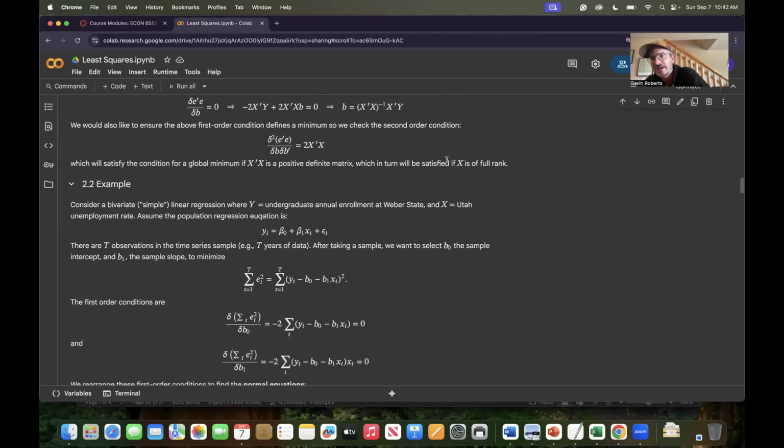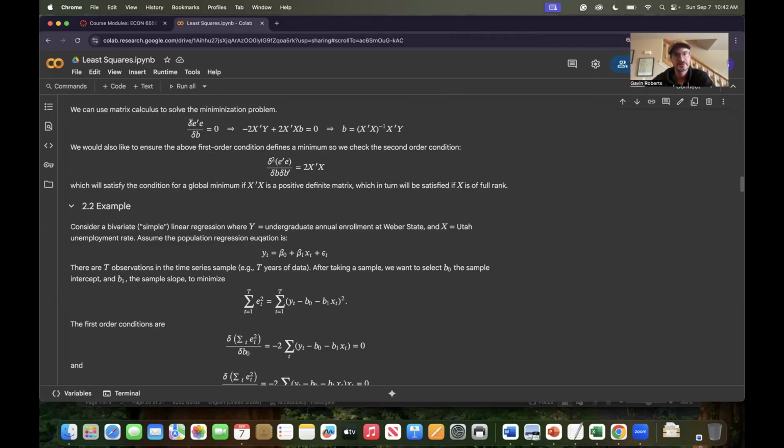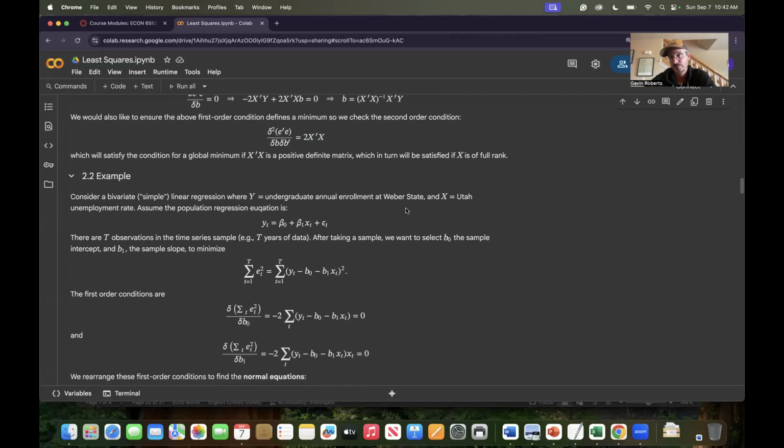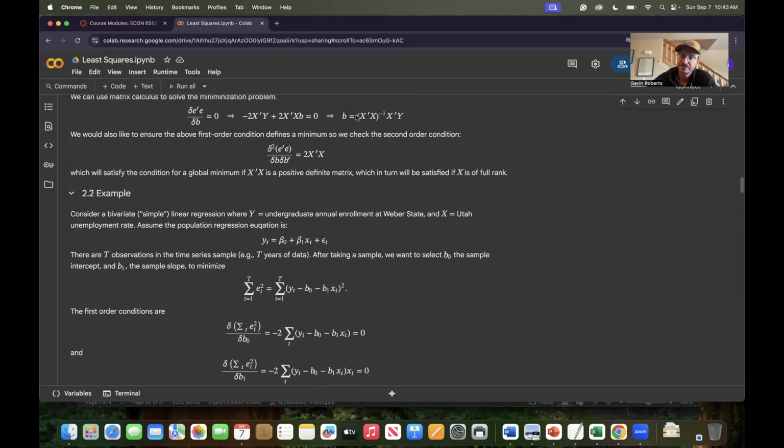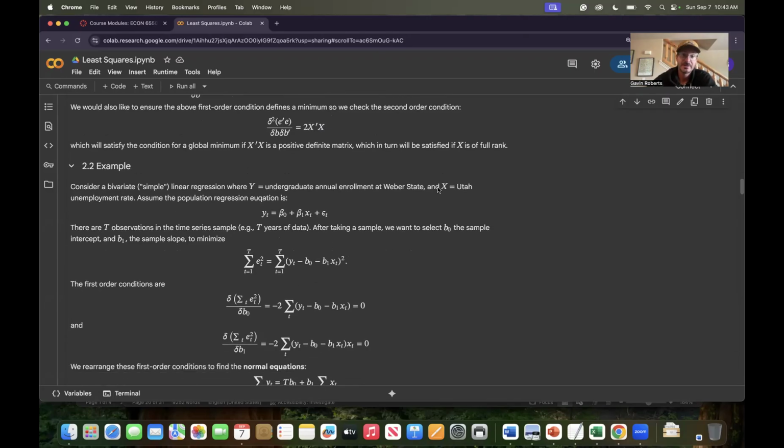And then we can check, is this a minimum or a maximum, using a second order condition, which requires us to take the second derivative of our criteria with respect to our choice variable. And then this is what that looks like analytically. And then you could prove elsewhere, I'm not going to ask you to do this, but you could find a proof of this, that this does represent a minimum if X, our matrix of independent variables, is full rank.